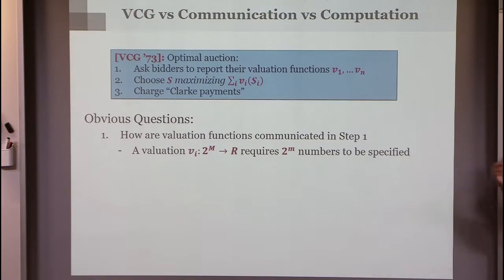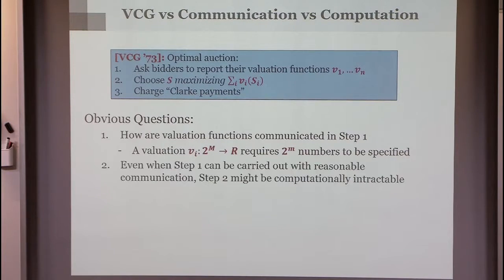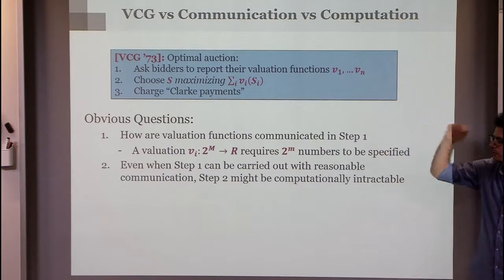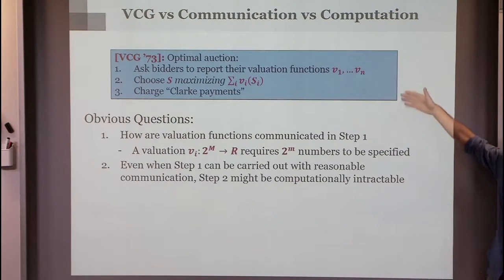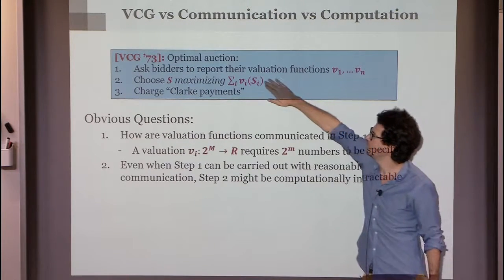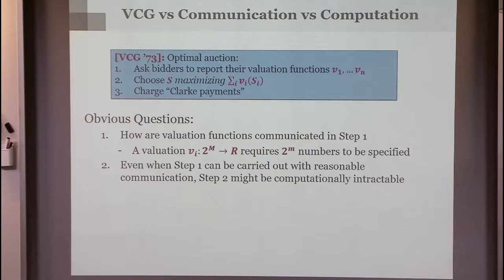You have to give 1 number for every possible bundle. And even if there is some succinct way you can communicate your valuation to the auctioneer, the second step could be hard, right? So you're trying to choose among exponentially many allocations, the best one, the one that optimizes welfare, and this could be a hard problem.